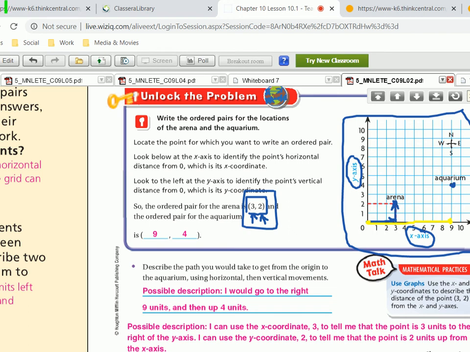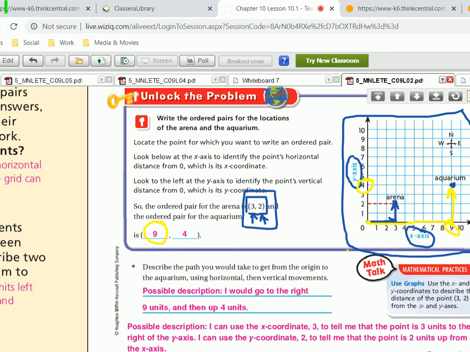Then we're going to move up. So we move 9 steps to the right, so the first number is 9, because the first number represents how many steps we move right. To move up, how many steps? Let's see, it will be 4 steps. So these two numbers represent the x coordinate and the y coordinate.